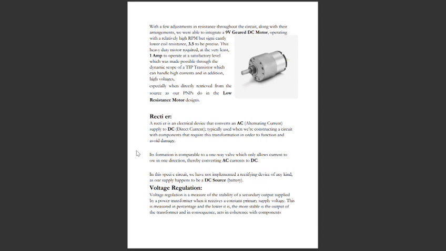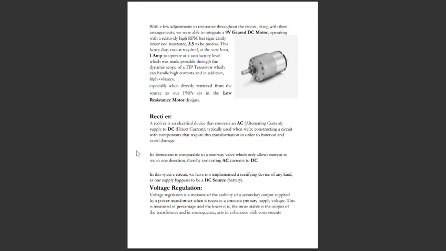Its formation is comparable to a one-way valve, which only allows current to flow in one direction, thereby converting AC current to DC. Basically, AC is an alternating current, which has an upper half and a negative half, and it converts to DC, which gives a single path.